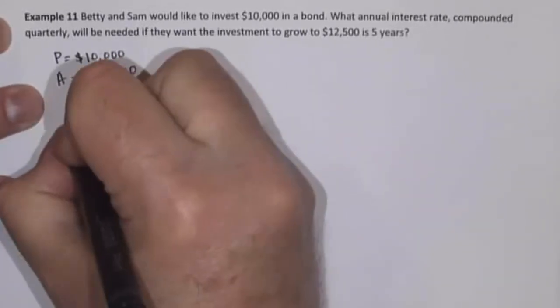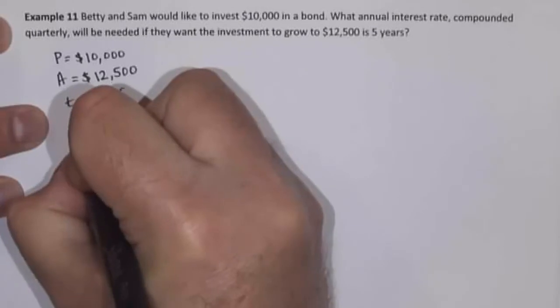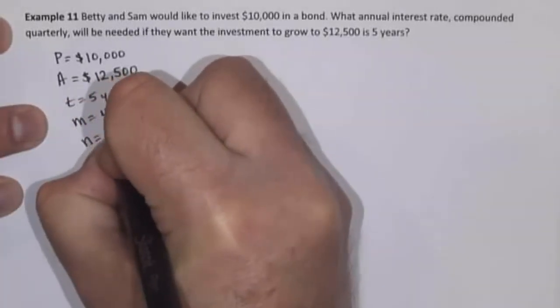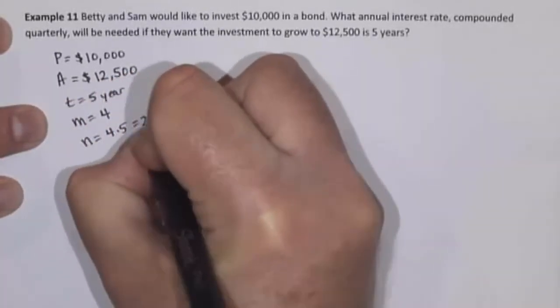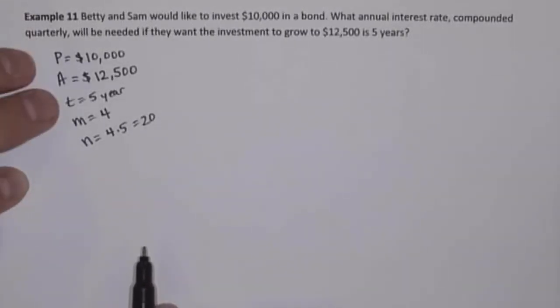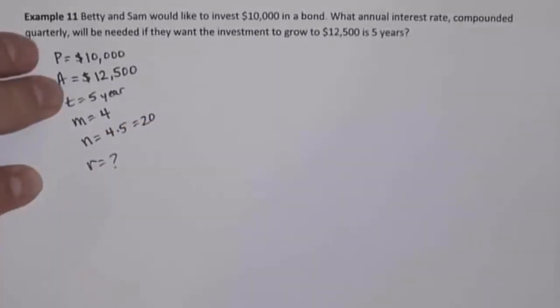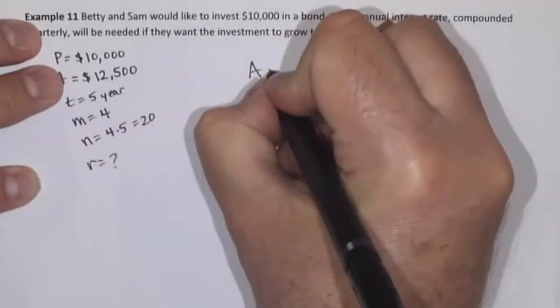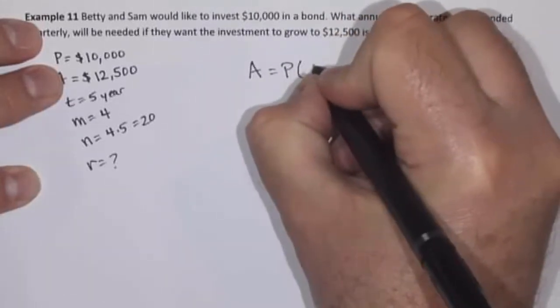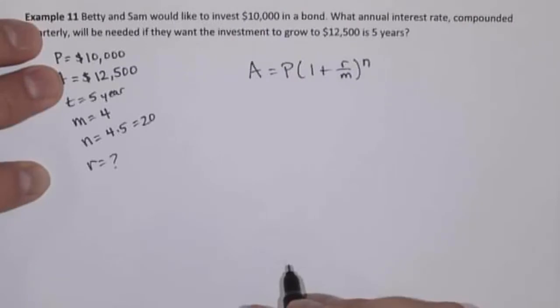It's compounded quarterly, so M is equal to 4. And so that means N is going to equal 4 times 5, which is going to be 20. So there's going to be 20 different computations that's going to be done. Our question is, what's the rate? So using our formula, A equals P times 1 plus R over M raised to the N power.